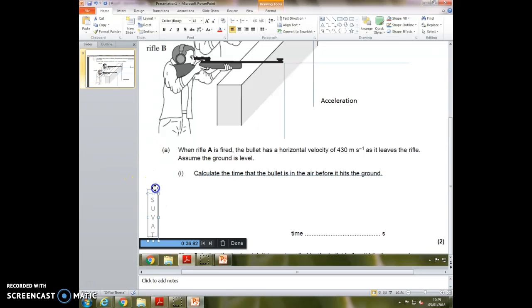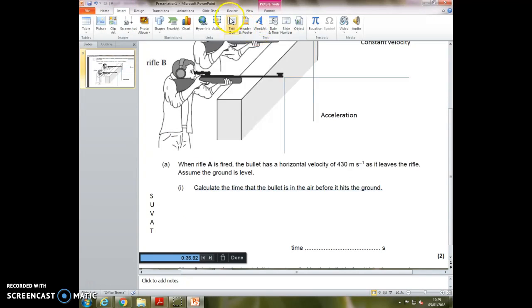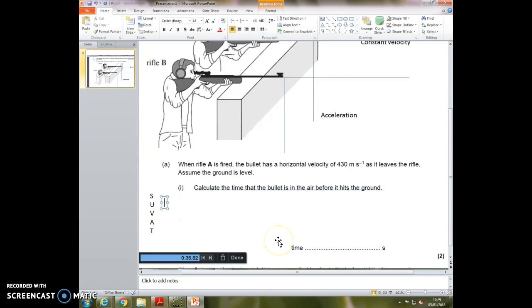Now we know on the vertical axis that as it's moving, it's going to be accelerating. So let's put in what we know. We know that the height is 1.5 meters. We know that the initial velocity in the vertical, not as it's being fired, in other words, vertically speaking, it starts with no velocity, so U is 0.